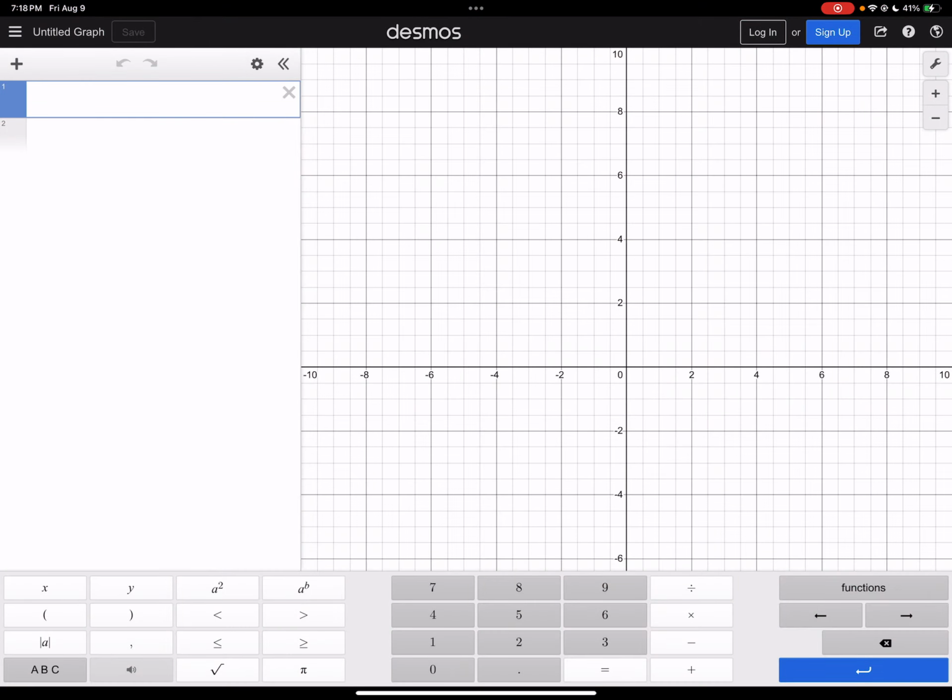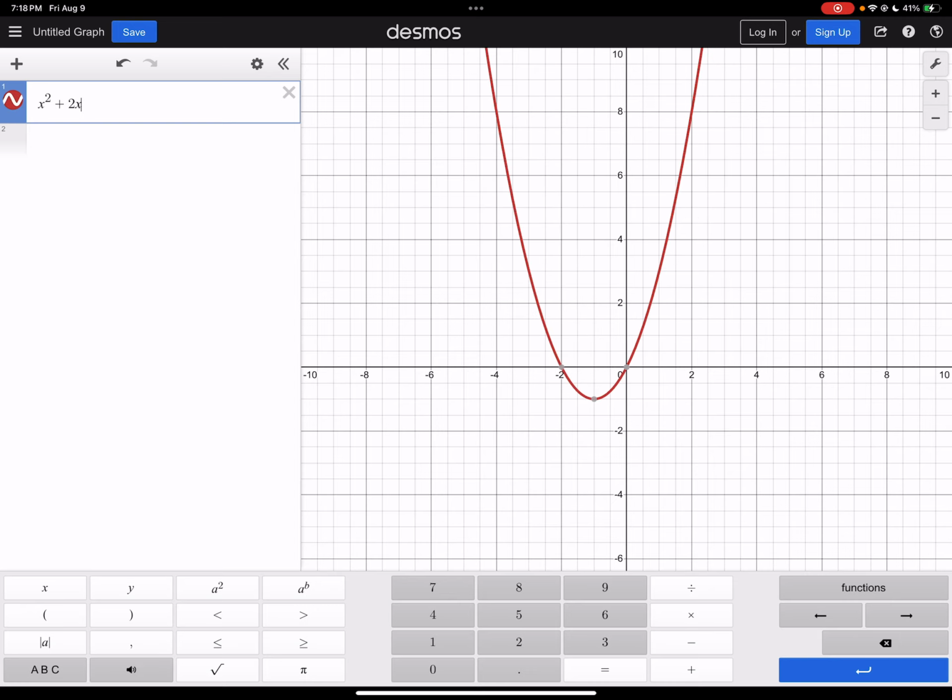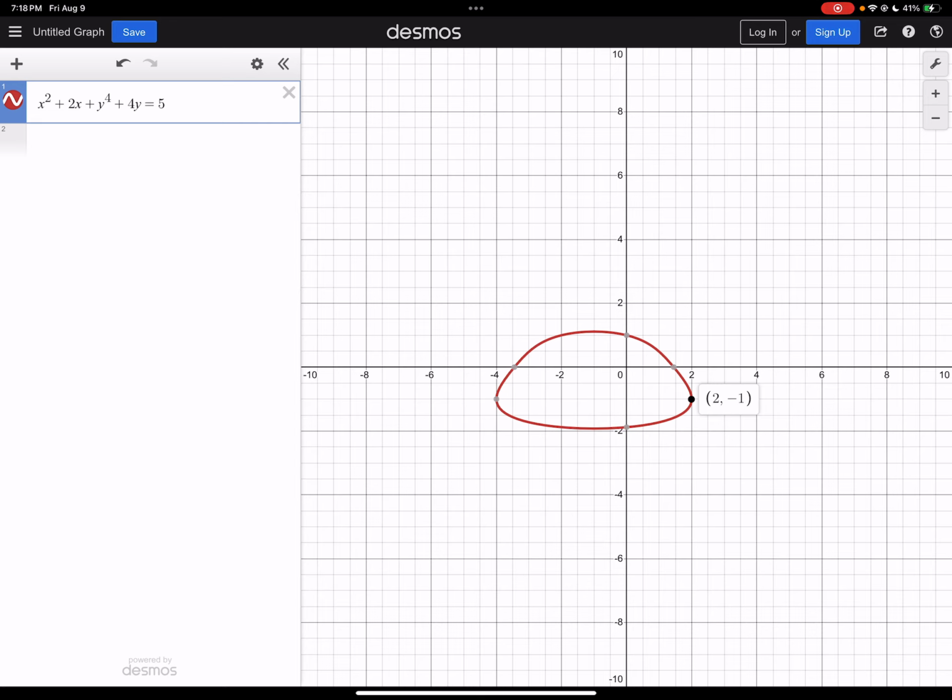All right, so we have x squared plus 2x plus y to the fourth plus 4y is equal to 5. And as you guys can see here at (2, -1), we have a vertical tangent line, and a vertical tangent line at (-4, -1).